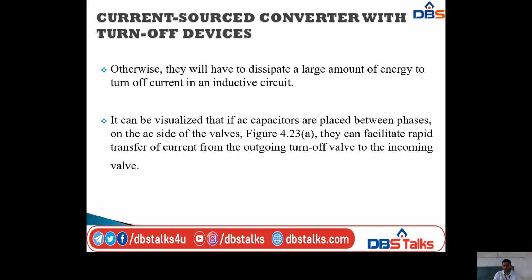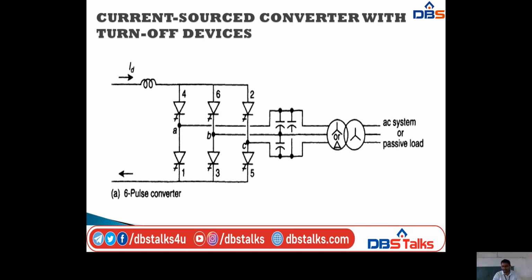So on the AC side, I am using the capacitors. If you look at this, on the left side we have the 6 thyristors, that means 6 valves, and the DC current ID. And on the right side, that is the AC side, we have the three phases A, B, and C. These three phases are connected to the transformer, one with star or delta, and the other with star connection.